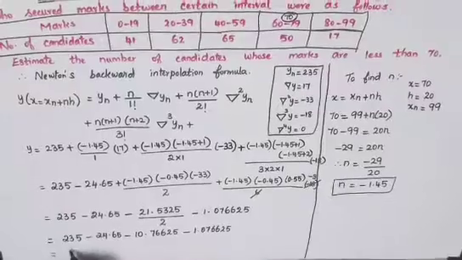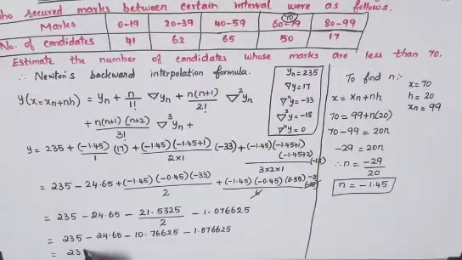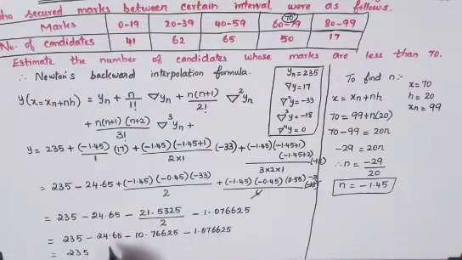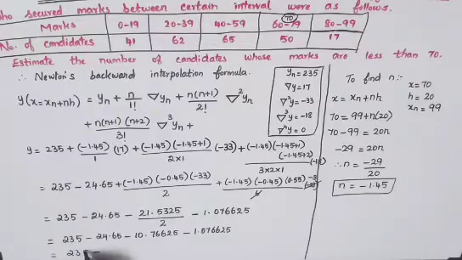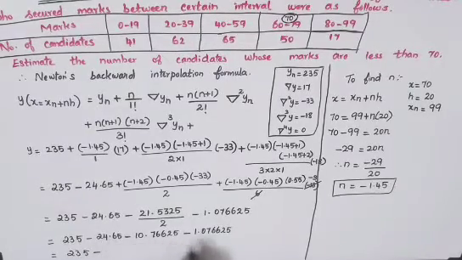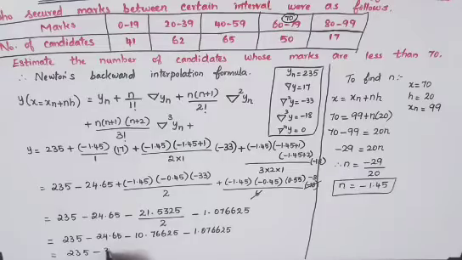So equal to 235. All the values are negative, so add them and put 1 minus in common. Just add all these numbers and you will get your answer as 36.49875. You can use your calculator.